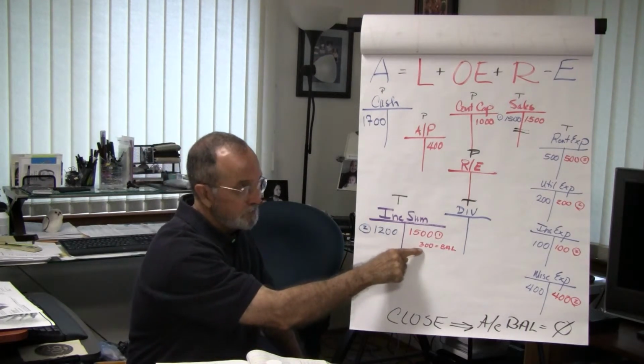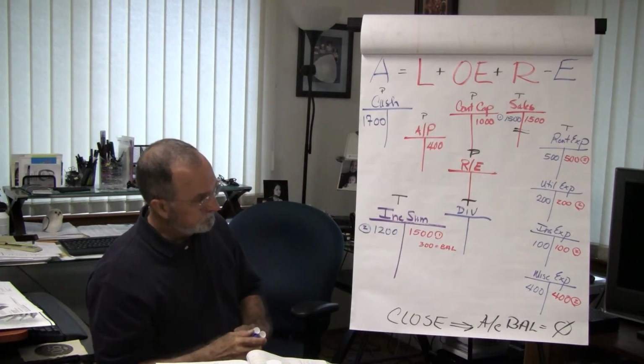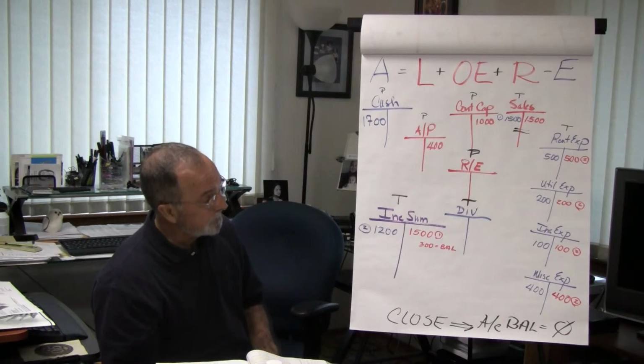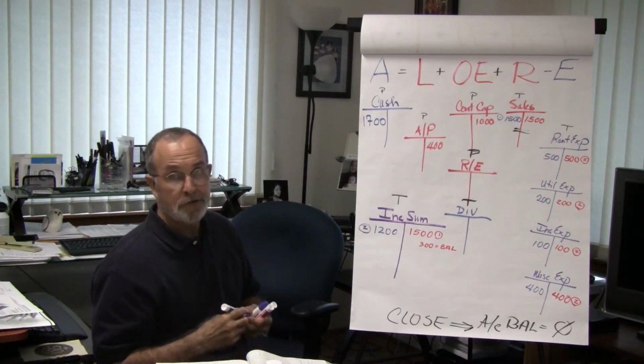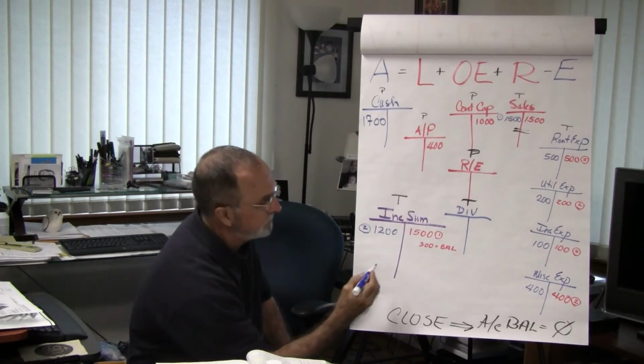So we need to get this $300 credit into retained earnings. Our balance is a $300 credit in income summary. And so our third step is to close income summary.